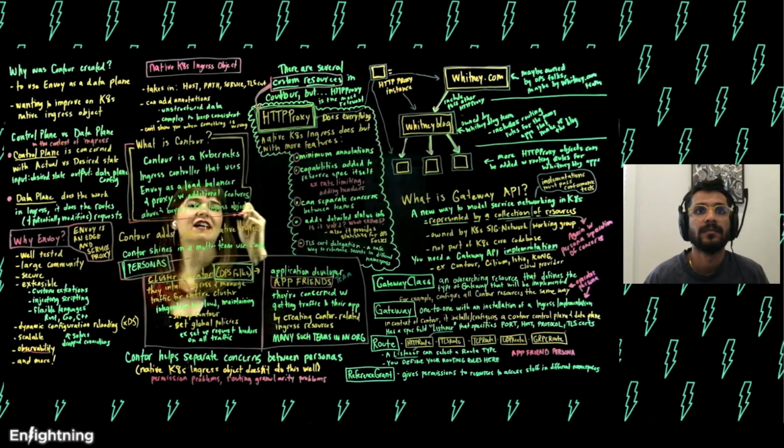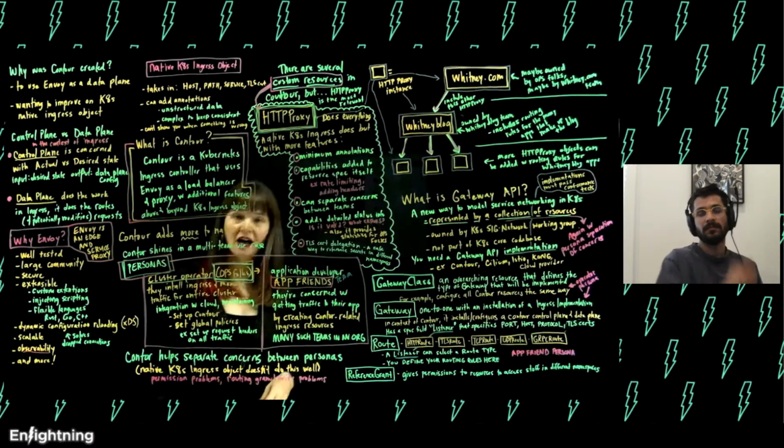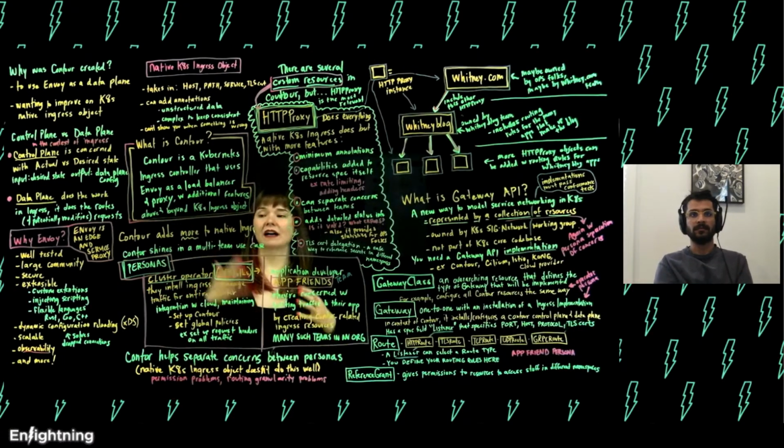Contour especially shines in a multi-team use case. It can address the different teams and different people in a large organization in a much better way than the Kubernetes Ingress object can.